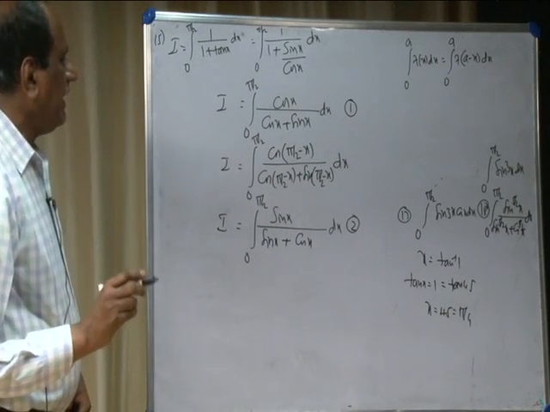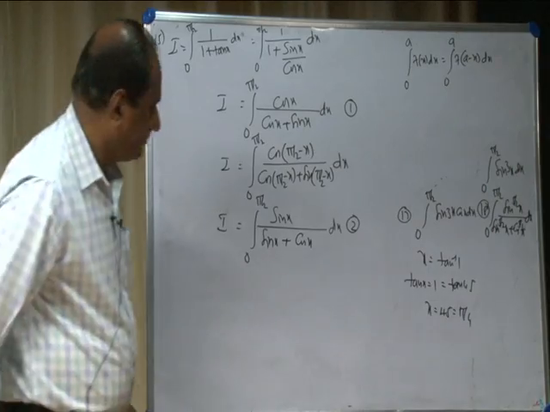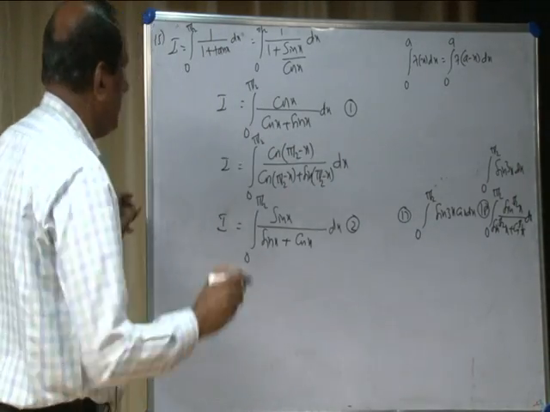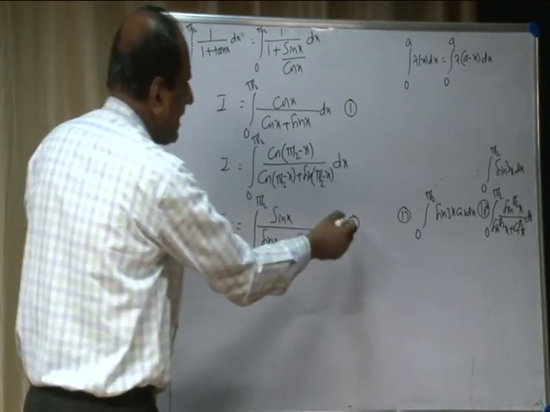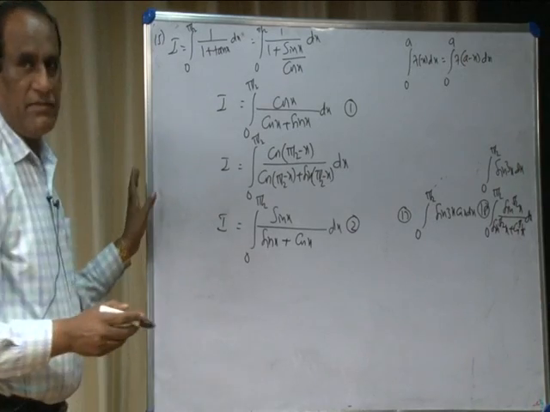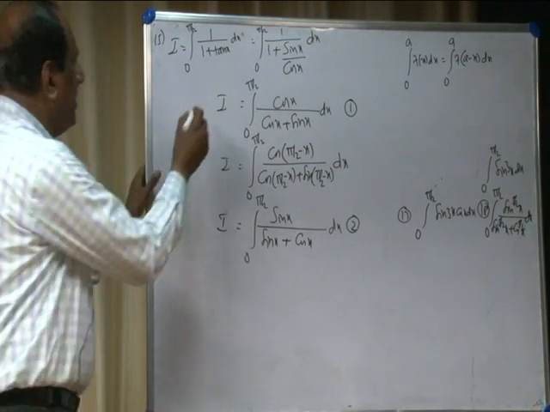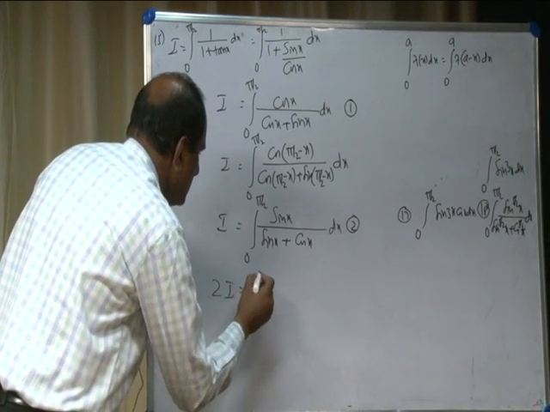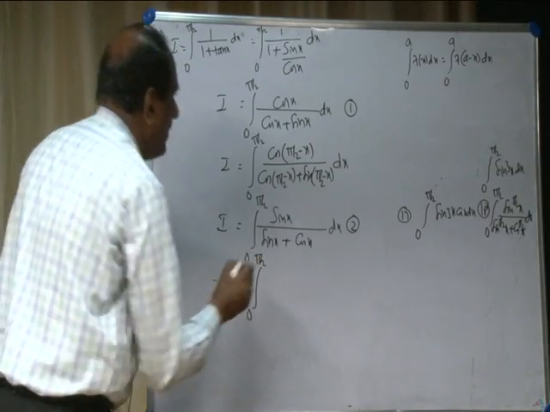Now, adding 1 and 2. One equation's LHS is I, the second equation's LHS is I. First add the LHS of both equations 1 and 2. I plus I is 2I, between the limits 0 to pi by 2.